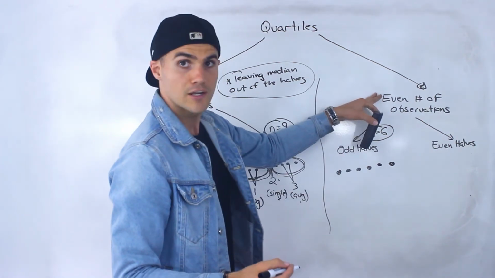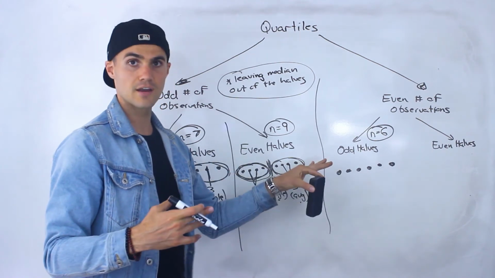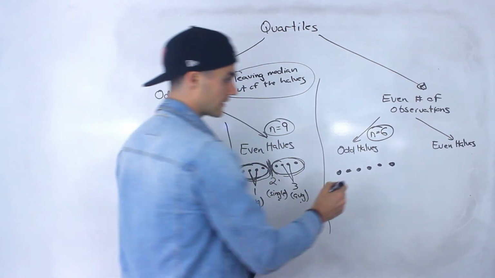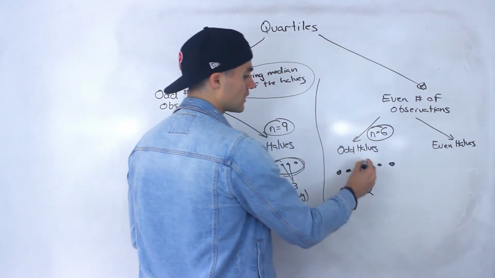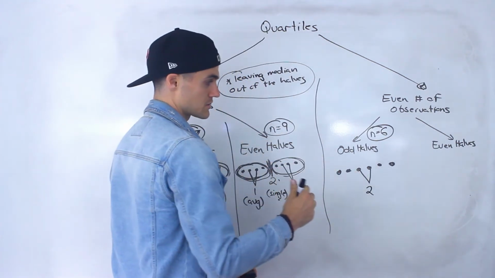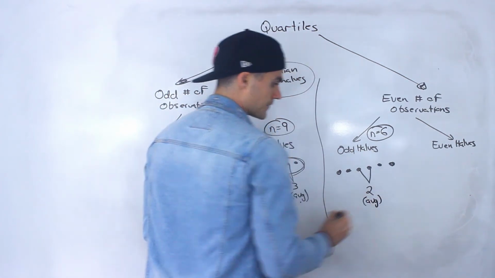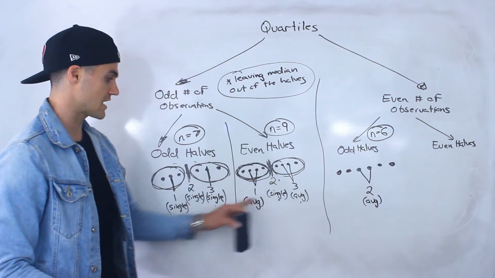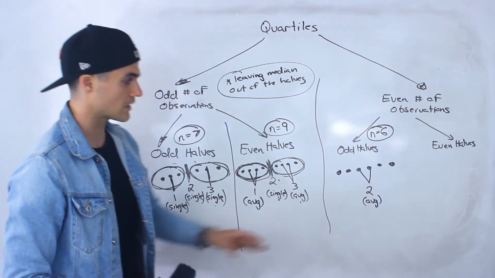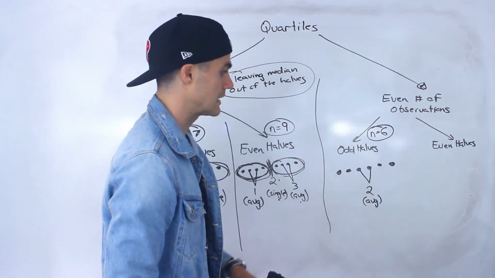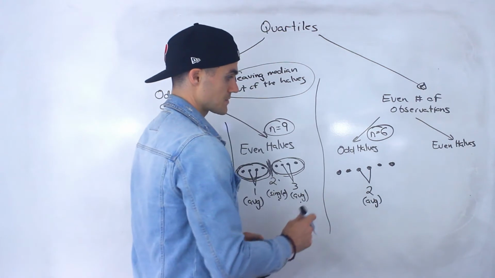Notice because we have an even number of observations, the median of the entire data, or the second quartile, is always going to be an average of the middle 2 observations. So the second quartile in this case is going to be an average instead of a single point like it was with an odd number of observations. So the second quartile is always going to be an average with an even number of observations.